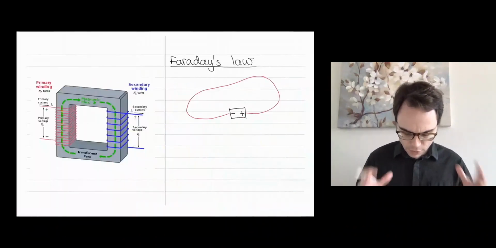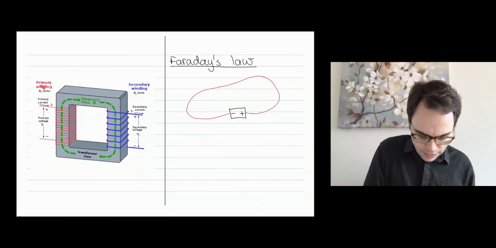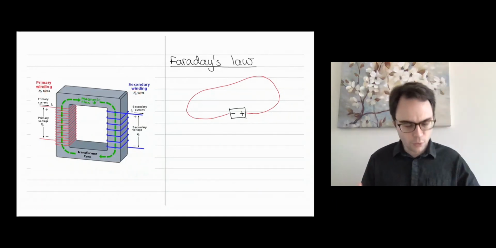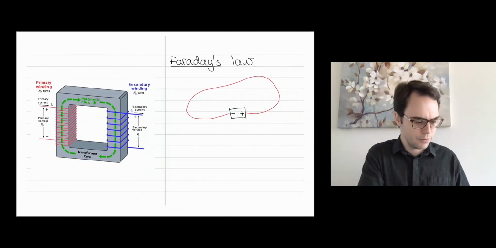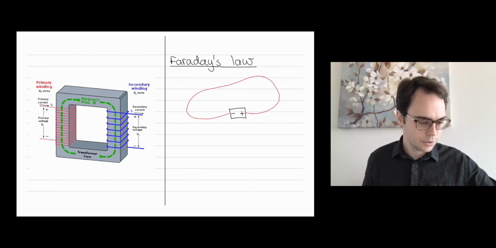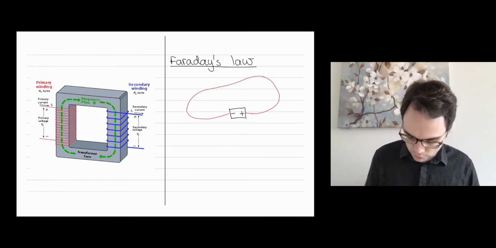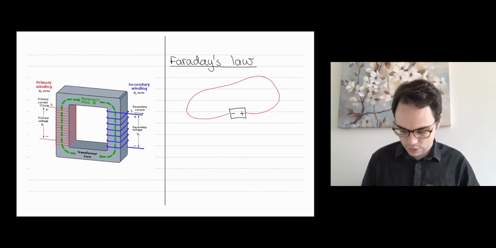So let's look at that model. We want to understand the relationship between NP and NS. Our workhorse for that is going to be Faraday's law of induction. This comes from the second of Maxwell's equations in the order that I wrote them for you a moment ago. So here's Faraday's law.